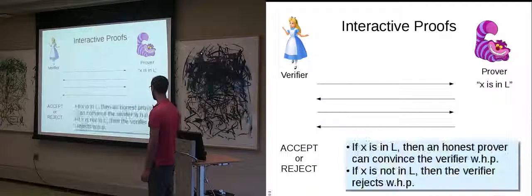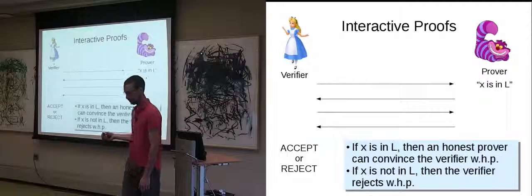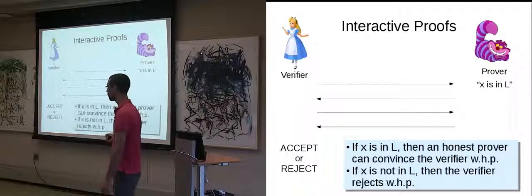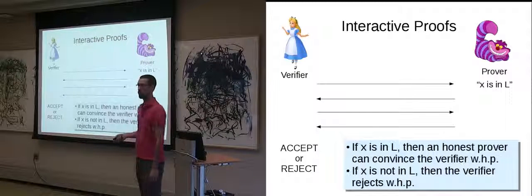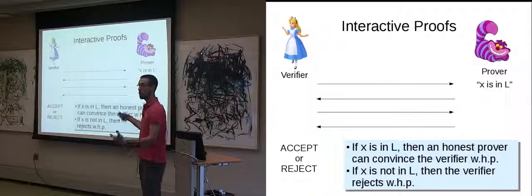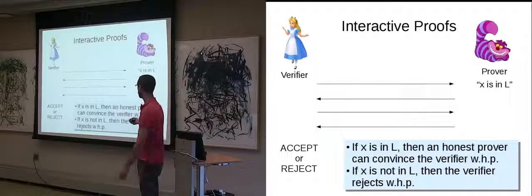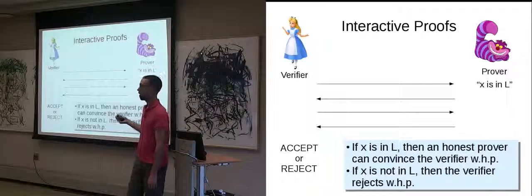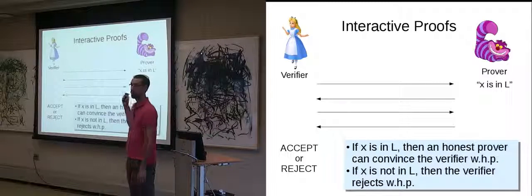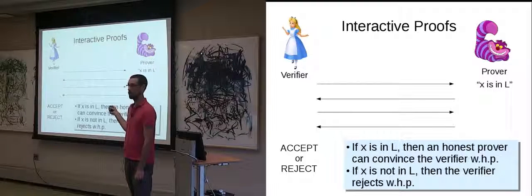In order to make this work, we need two properties. The first one is called completeness. Imagine we have some language L that we're interested in. We say we have an interactive proof for L if, for every input that is actually in the language, there exists some honest prover that can convince the verifier of this. That means the verifier should accept with high probability.